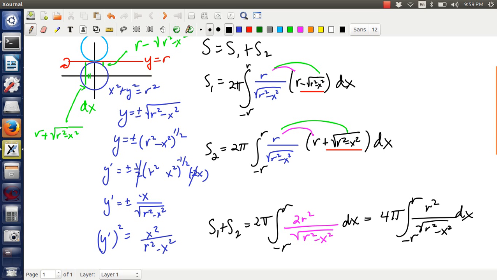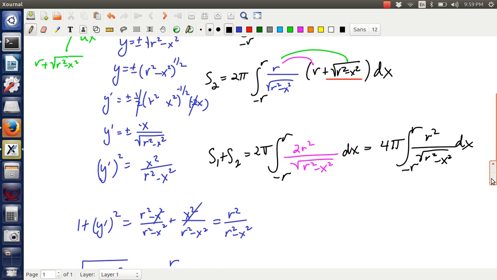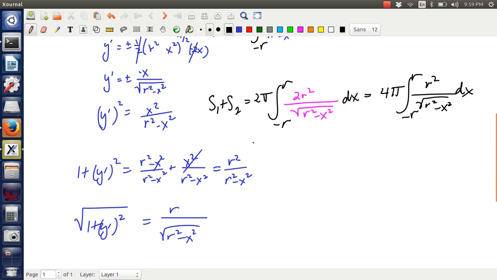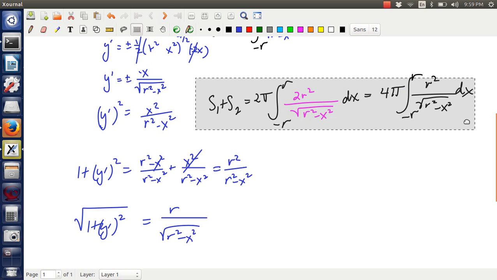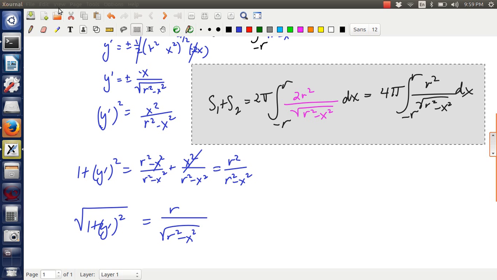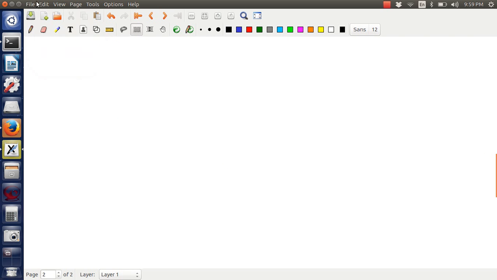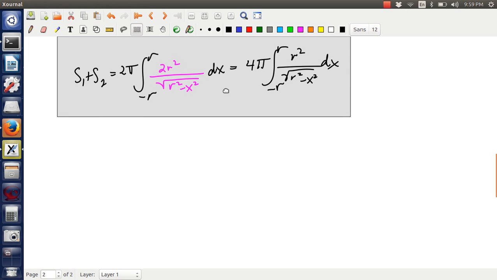Okay, so let me just recopy this a little bit. Oh yeah, this is getting messy. I'm going to cut this piece and move it because it's kind of messy. A little bit better.